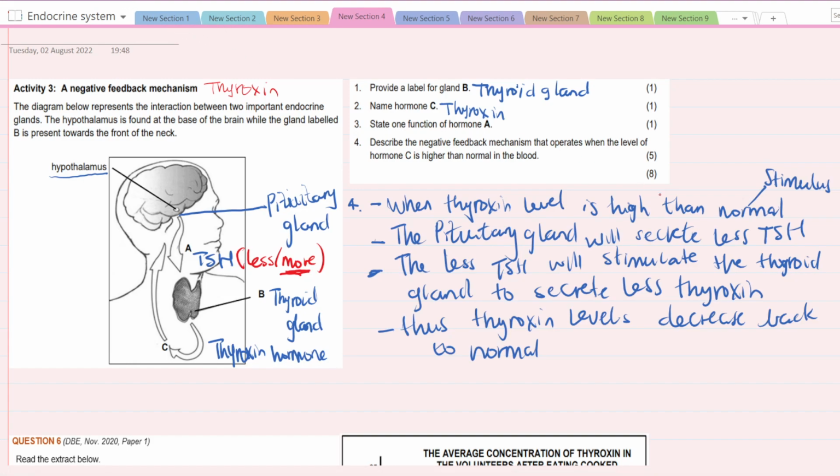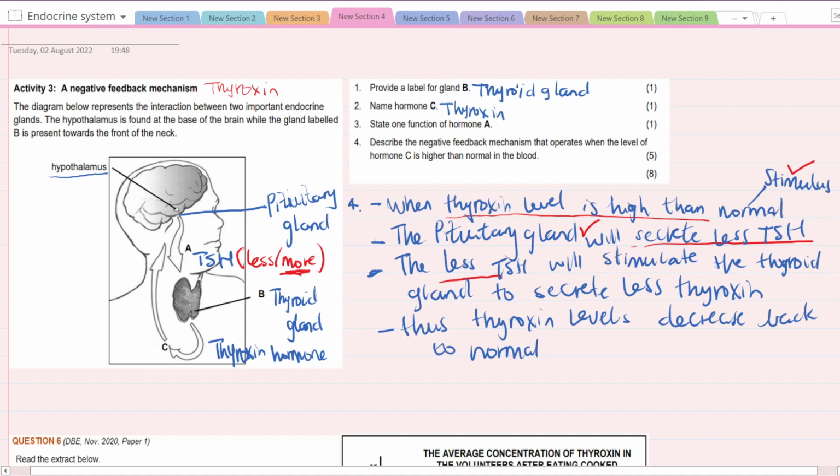Mentioning what is happening there. You mentioned the stimulus, number 1, and then you also mentioned the control center, which is the pituitary gland. That is the one that is monitoring what is happening with the levels. So it is trying to monitor these high levels of thyroxin by saying, okay, this is too much now, let's try to decrease this by secreting less TSH into the blood.